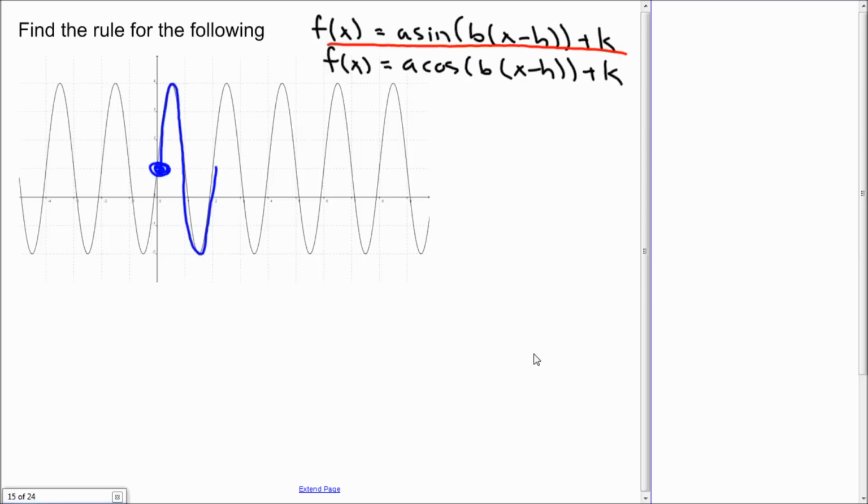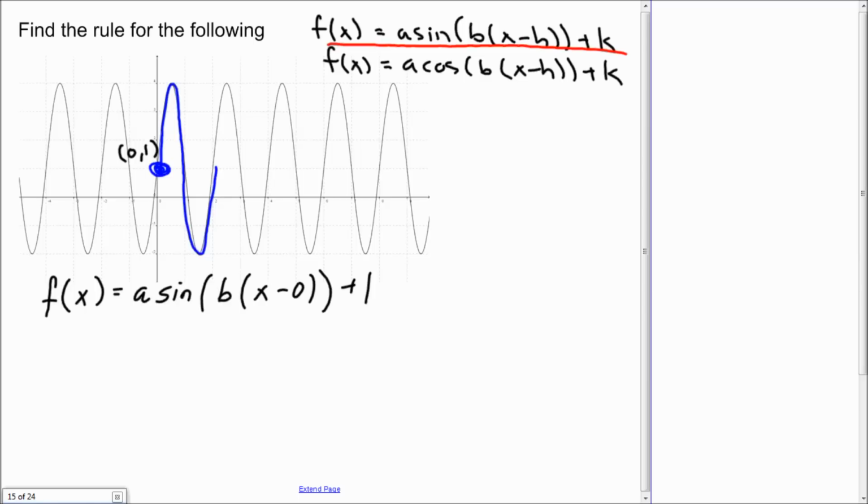So our starting point is at 0, 1, and that's going to correspond to our hk value. So we can start replacing that into our function. So we'll write f of x is equal to a sine, open brackets, b times x minus 0 plus 1.